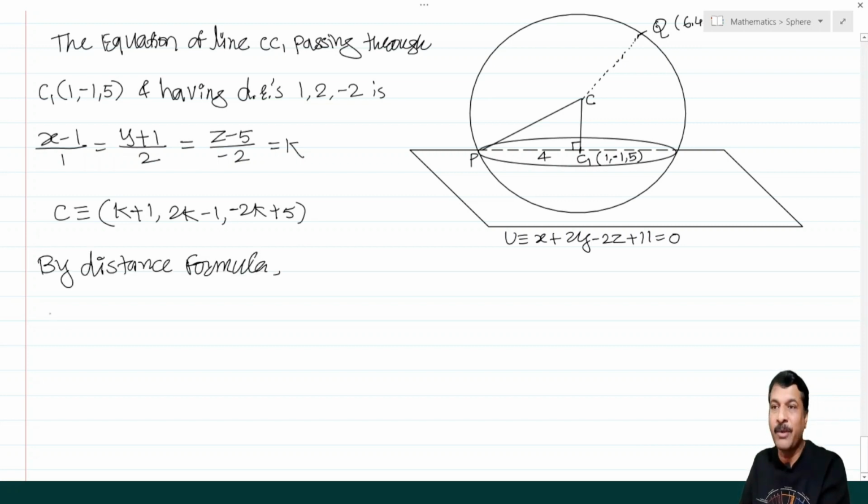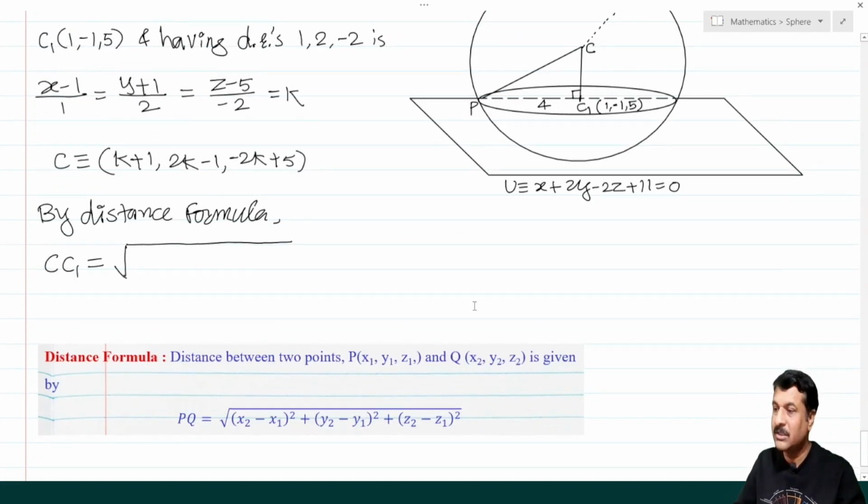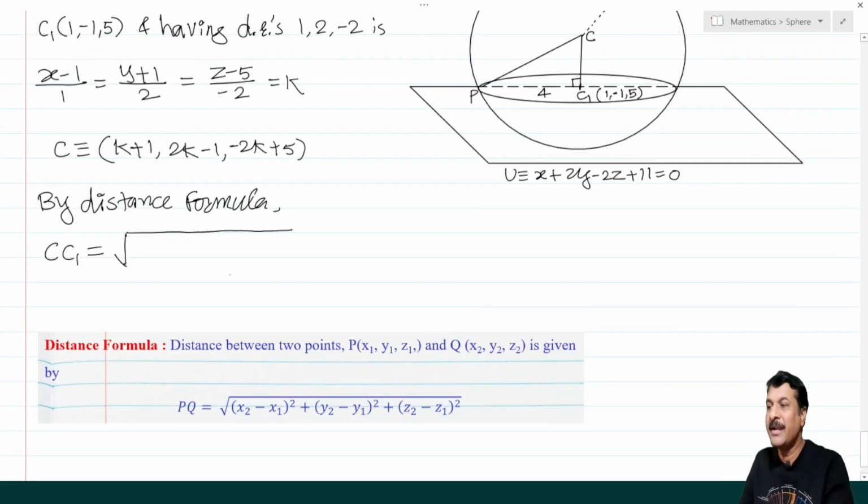What is CC1? Equal to under root of. You should know the distance formula. This is for your reference. So I can find here k plus 1 minus 1 means k square, plus 2k minus 1 plus 1 means 2k whole square, plus minus 2k plus 5 minus 5.